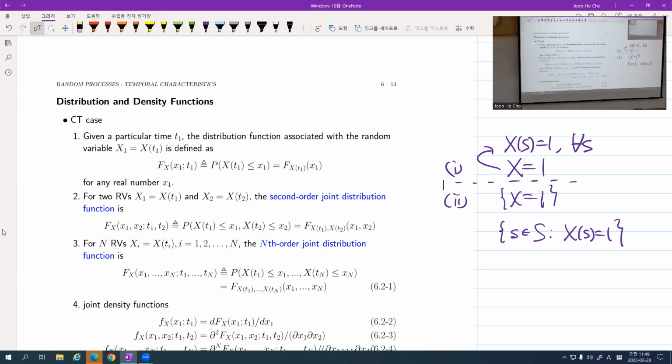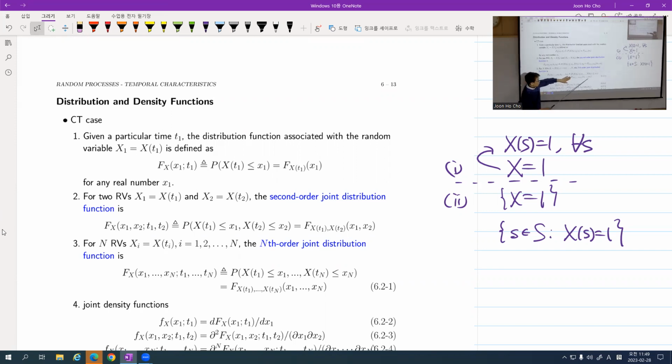Now the joint distribution. Same thing. Just see that you have capital N jointly distributed random variables obtained by sampling a random process capital N times. And so you have N arguments.